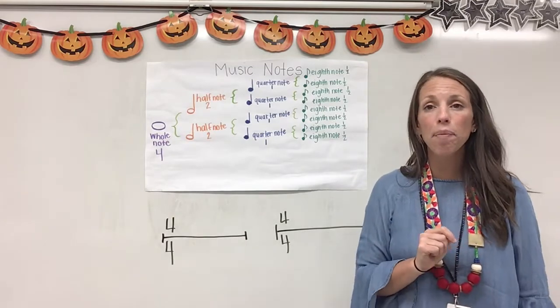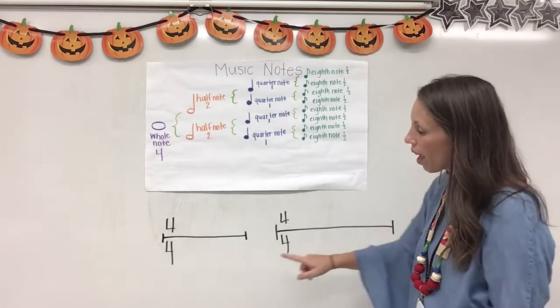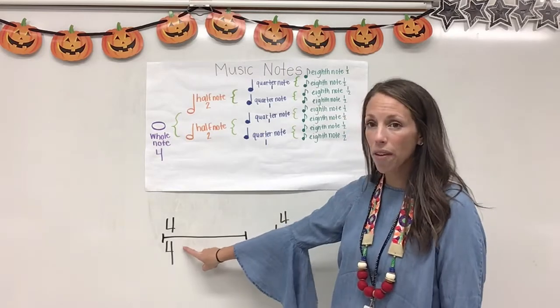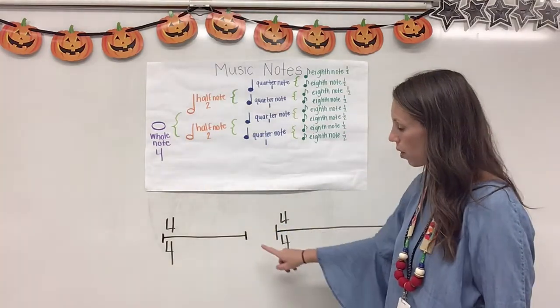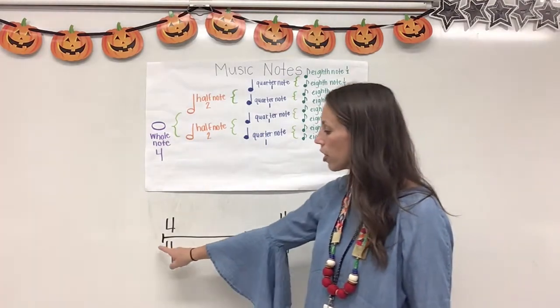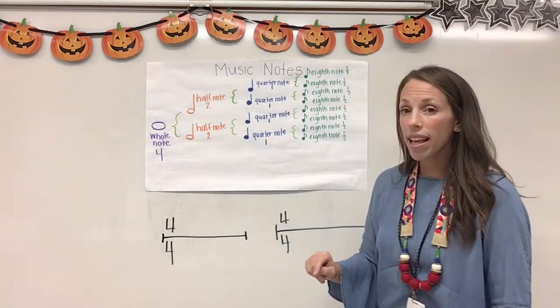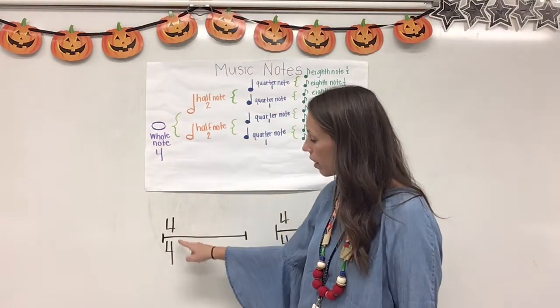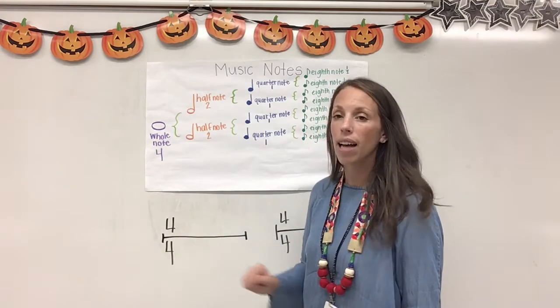On your blank piece of paper, I would like for you to draw a rhythm line with a bar line on each end, and then I'd like for you to add a 4/4 time signature.